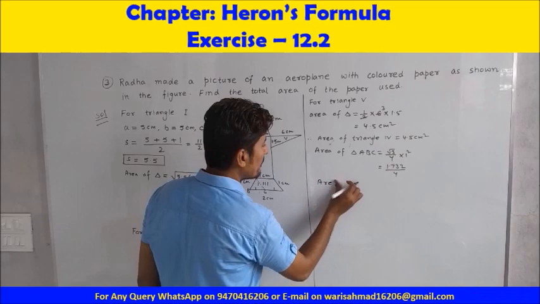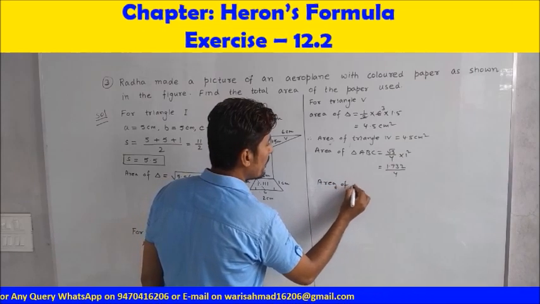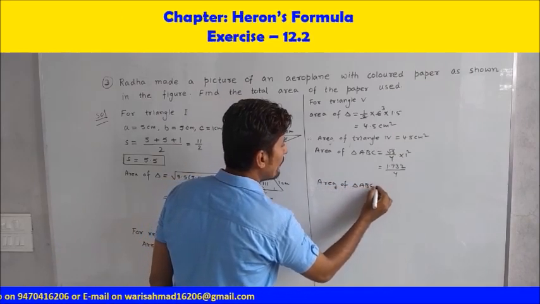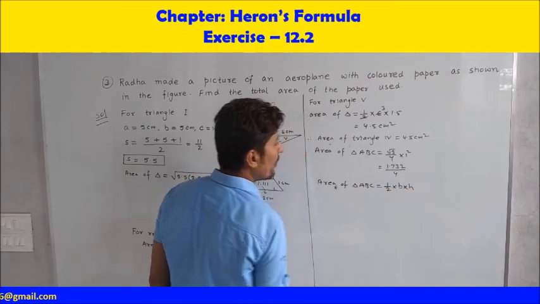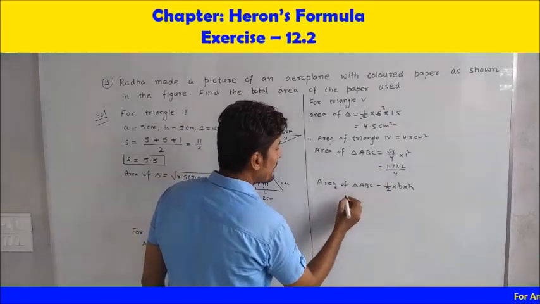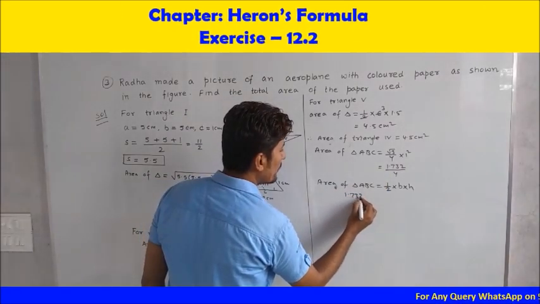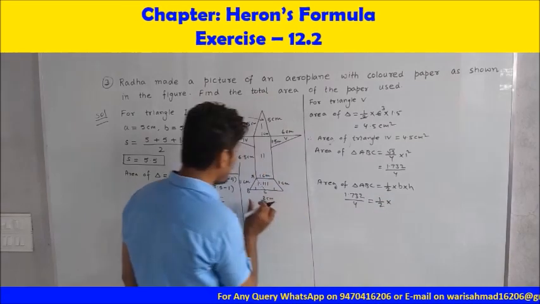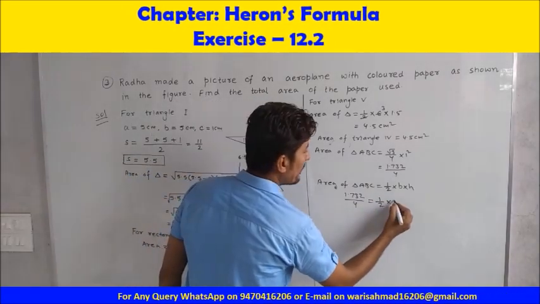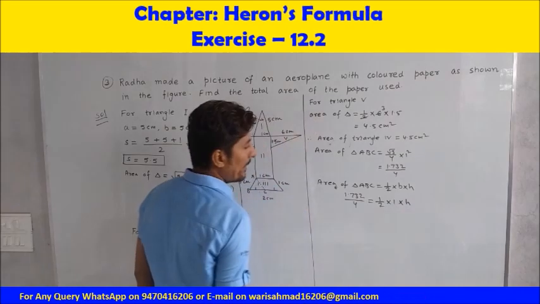Area of triangle ABC will be equal to, this time we will use the formula 1 upon 2 into base into corresponding height. Area of triangle, we have 1.732 divided by 4 equals 1 upon 2 into base, we have 1, so we can write 1 multiplied by height.